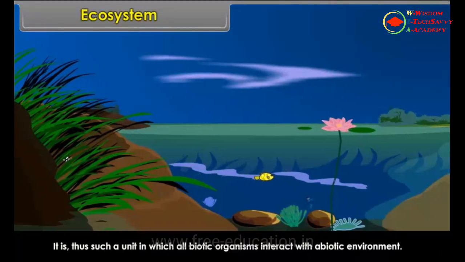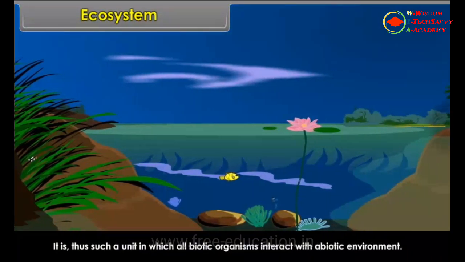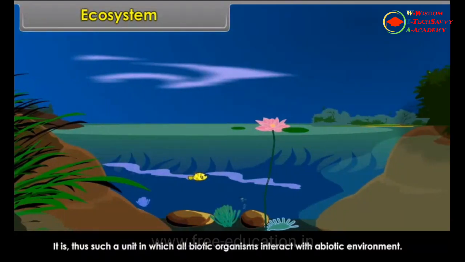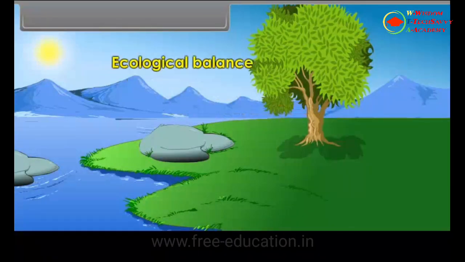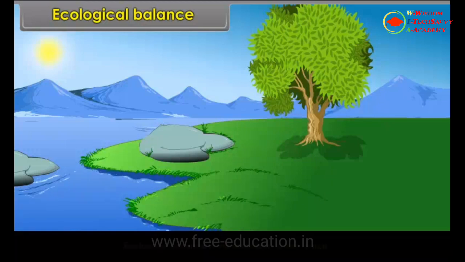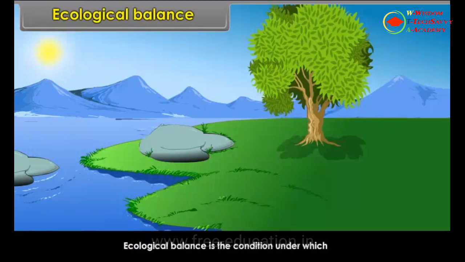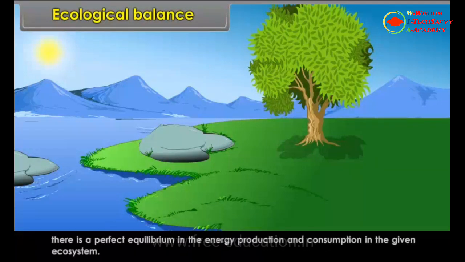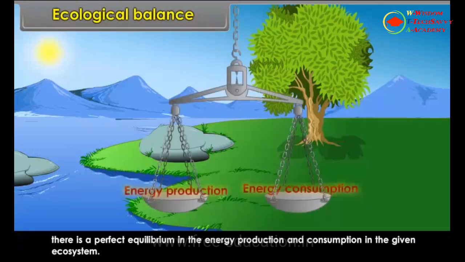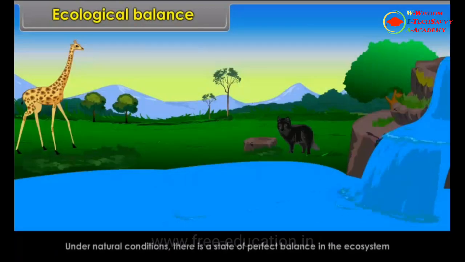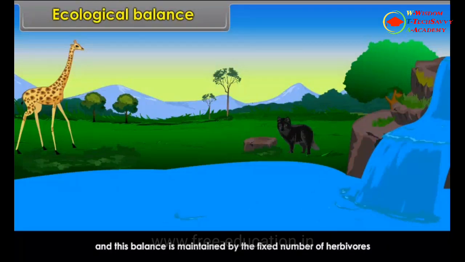Ecological balance. Ecological balance is the condition under which there is a perfect equilibrium in the energy production and consumption in the given ecosystem. Under natural conditions, there is a state of perfect balance in the ecosystem, and this balance is maintained by the fixed number of herbivores and the fixed number of carnivores.